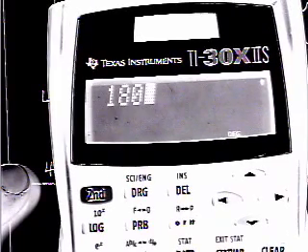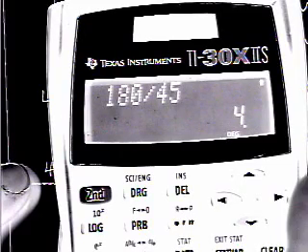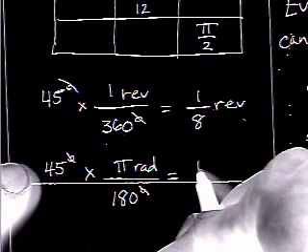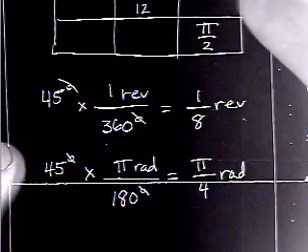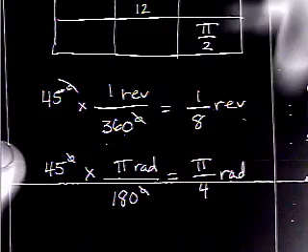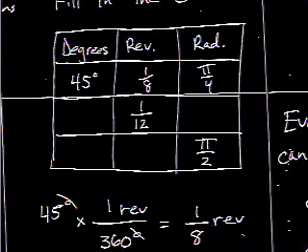Always check with your calculator. It goes in nicely 4 times. So this is pi over 4 radians. So we could fill out our chart 1 over 8 and pi over 4 with those values that we found. So we've got that one down.